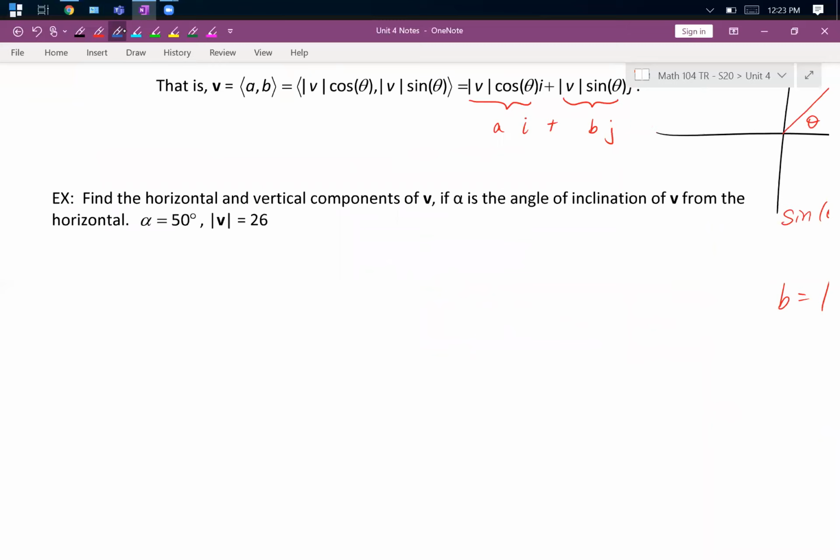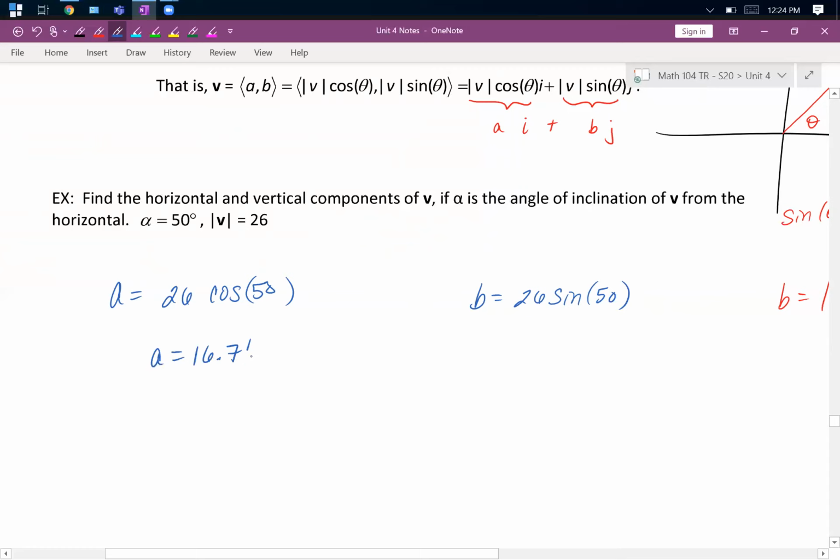All we're doing is plugging it into those two formulas for A and B. A is going to be 26 times cosine of 50, sorry. And then B is going to be 26 times sine of 50, and I'm just going to pop those in my calculator.